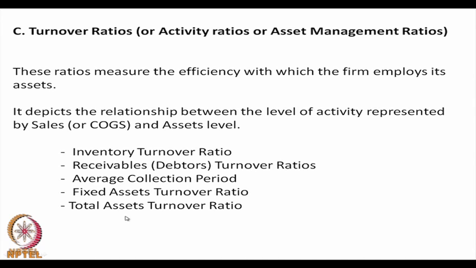And there are 5 types of turnover ratios: inventory turnover, receivables turnover, fixed assets turnover, total assets turnover ratios, and an average collection period, which is also calculated as a ratio, but the word ratio does not appear in this case. Let us consider each one of these in detail.